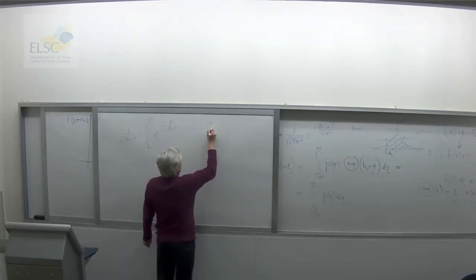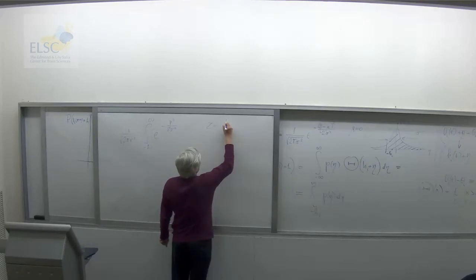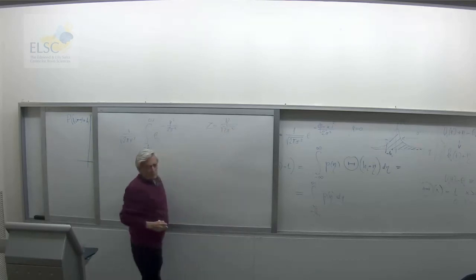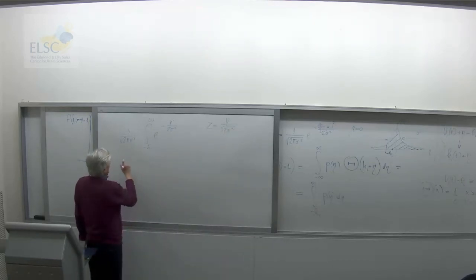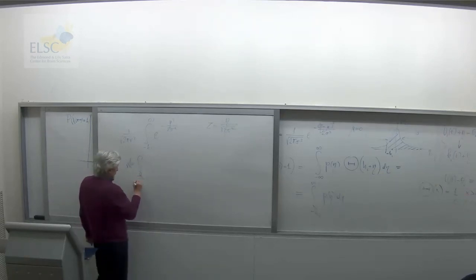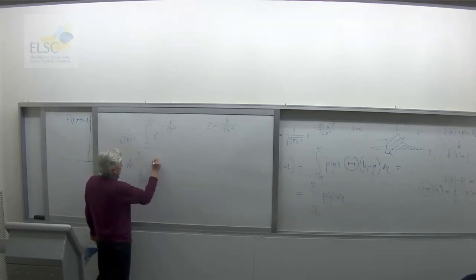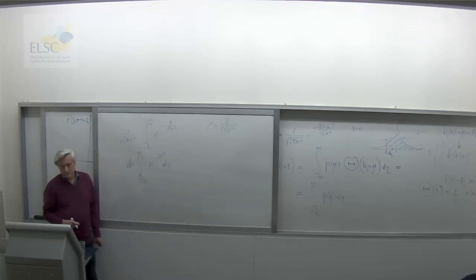Let me define a new variable z equals eta over square root of 2 sigma squared. So in terms of this new variable, what I have here is 1 over square root of pi, integral from minus h_i over square root of 2 sigma squared to infinity of e to the minus z squared dz. Everybody followed me? How I did that?